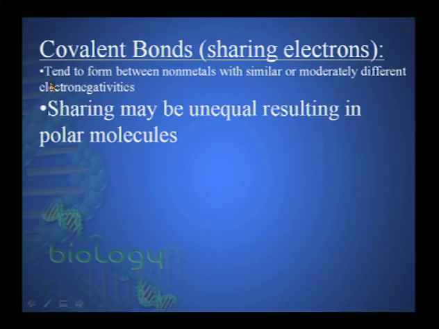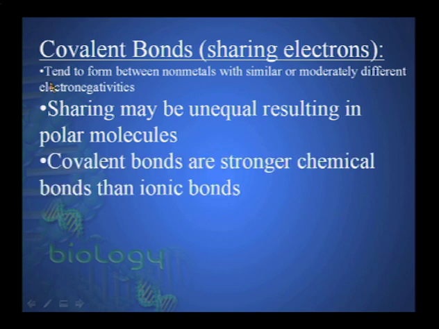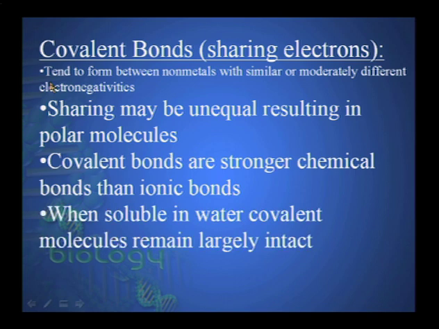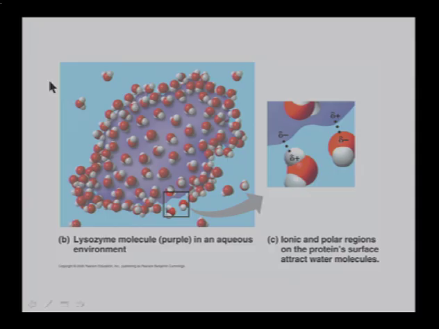Sharing may be unequal, resulting in polar molecules, and we'll be discussing that shortly. Covalent bonds are stronger chemical bonds than ionic bonds. And when soluble in water, covalent molecules do not tend to dissociate from one another. The atoms do not tend to dissociate from one another the way that we saw in the ionically bonded compound.